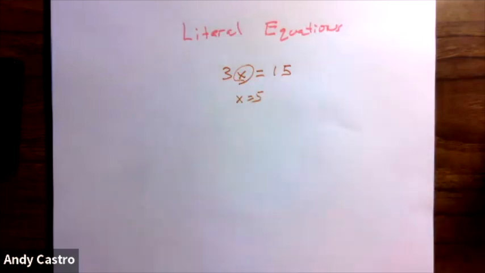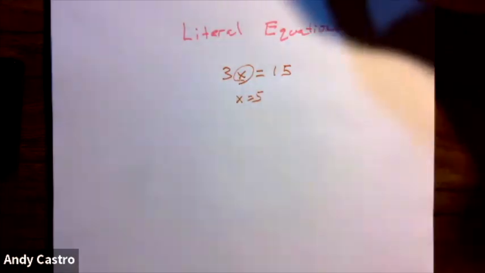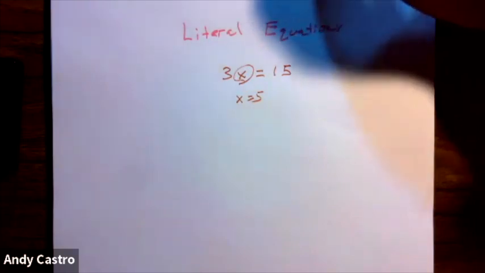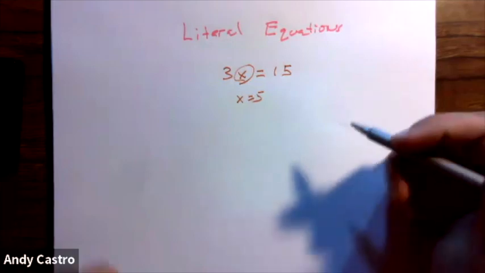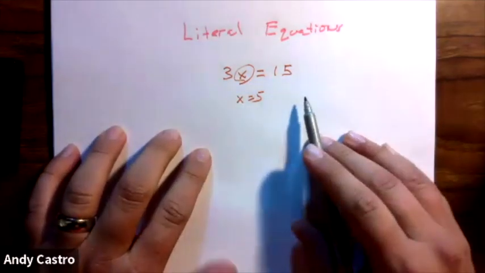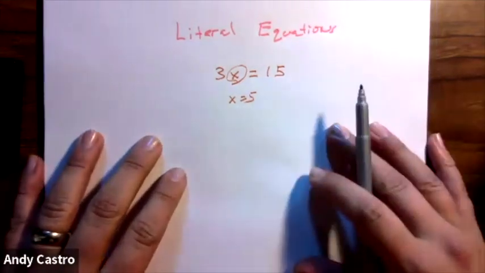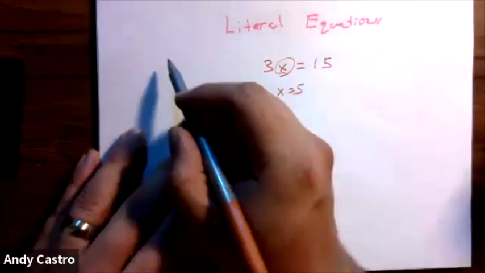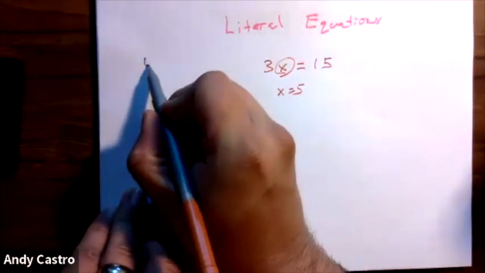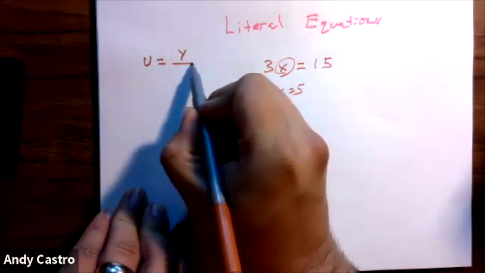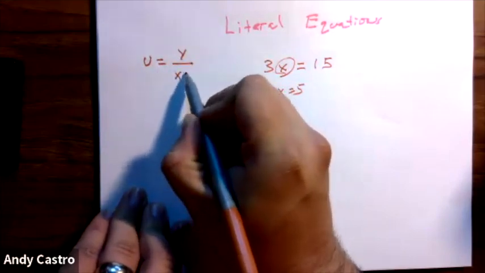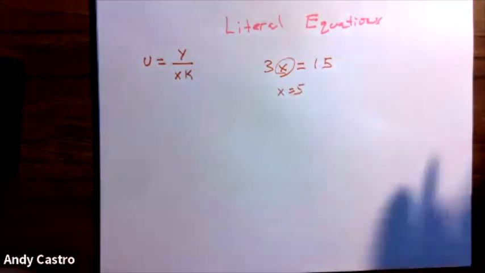Now, when we talk about literal equations, we're talking about an equation with more than one variable with the ability to solve for different variables. So I'll give you an example. All right, if I had u is equal to y divided by x times k.